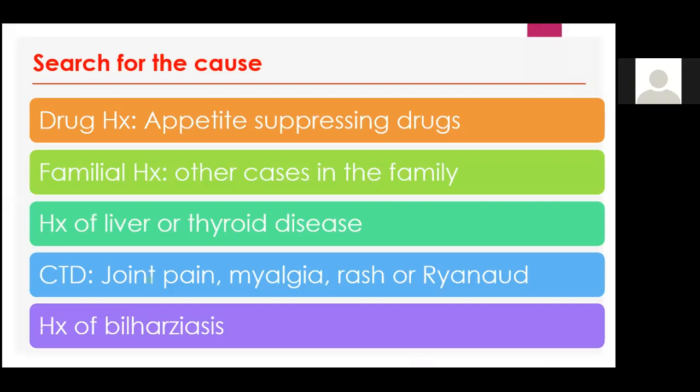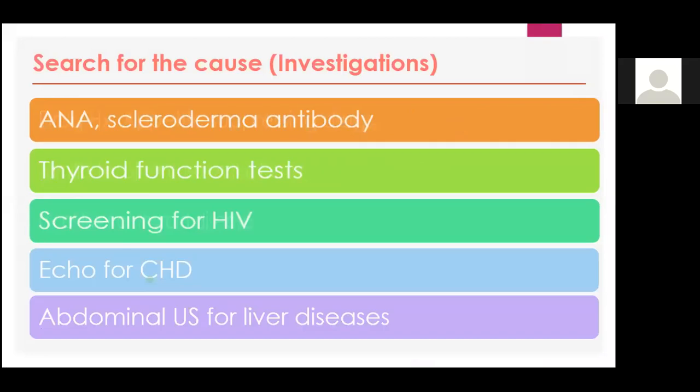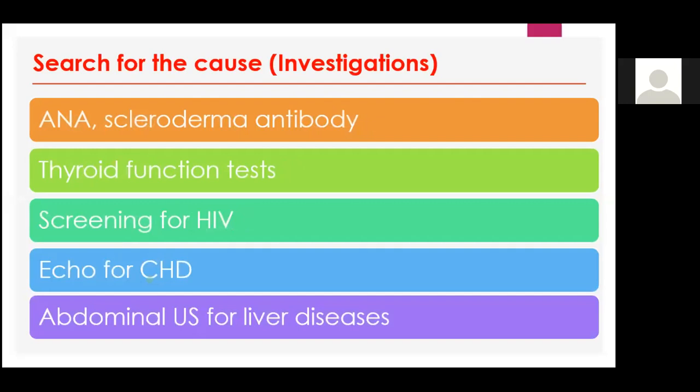We should search for drug history, the familial history, and history of liver or thyroid disease, connective tissue disease such as joint pain, myalgia, rash, or Raynaud's, or history of bilharziasis, and do some investigations such as antinuclear antibody and scleroderma antibody, thyroid function, screening for HIV, echo for congenital heart disease, and abdominal ultrasound for liver disease. Of course, we won't do all these investigations, and we select the investigation according to the clinical scenario.